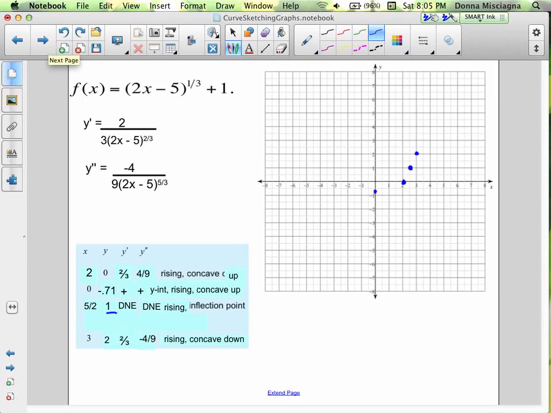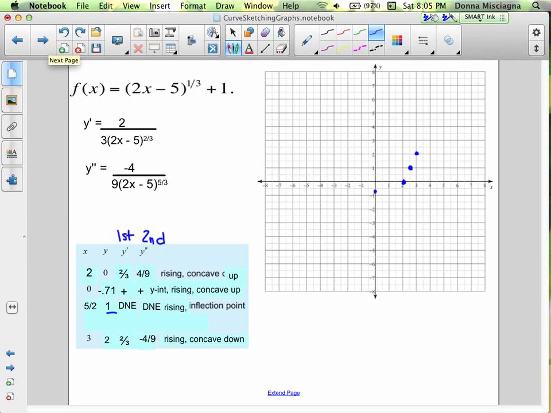So let's take a look at what's happening. So at 2, 0, the function is rising, right? Because, so y prime here, that's our first derivative. Here's a second derivative. First derivative's positive, second derivative's positive, rising, concave up, all right?